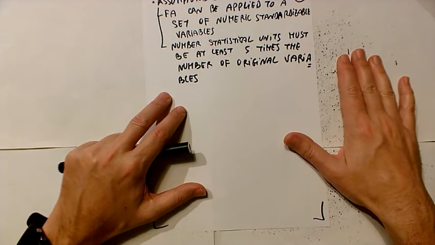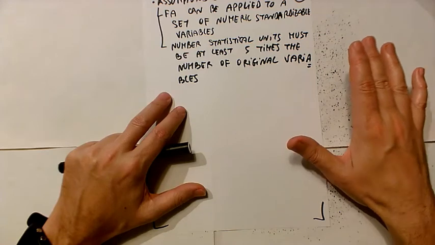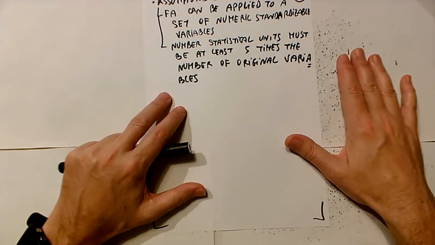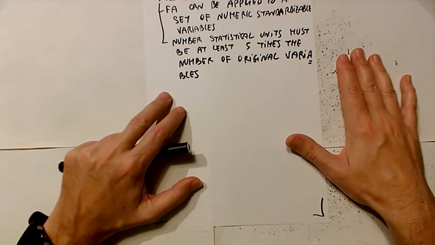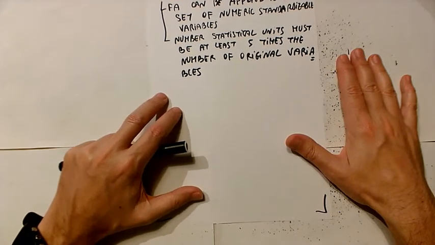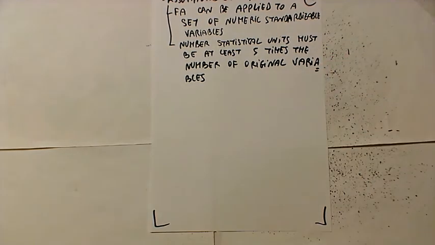If you have 10 variables, for example, you must have at least 50 observations, so 50 statistical units, in order to apply factor analysis. So you must remember these properties because they are conditions for the applicability of this technique.